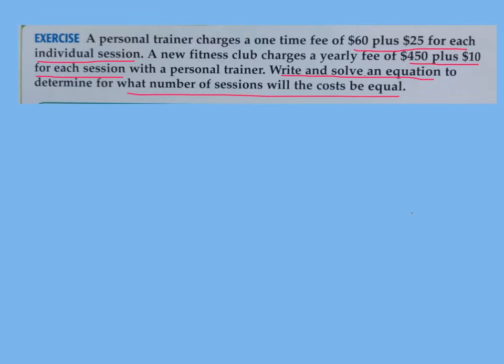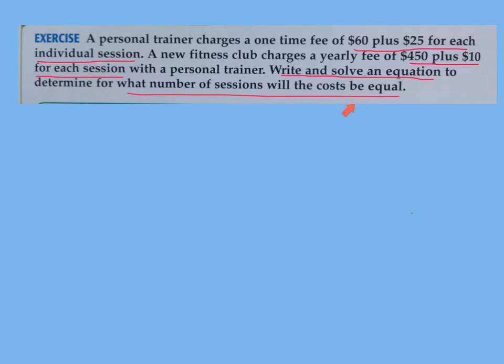So the first thing I did here was I highlighted or underlined all the important information that I found in here. And then I also underlined what the problem is asking me to find. So I'm looking to write an equation, and I'm going to need to solve it, for what number of sessions the cost will be equal for a personal trainer and a personal trainer at a fitness club.